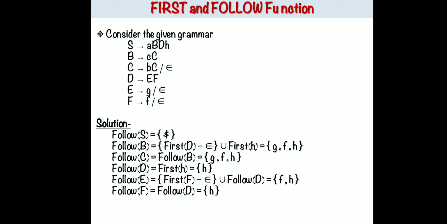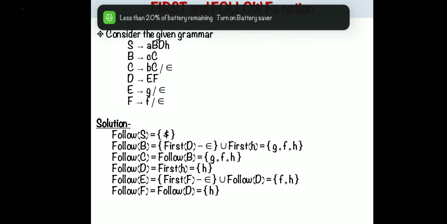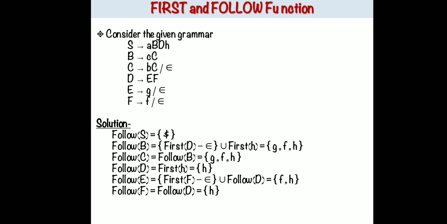Follow of B will be first of D, where first of D, in the previous slide, contains null. So follow of B will be first of D minus null union first of H. Why?